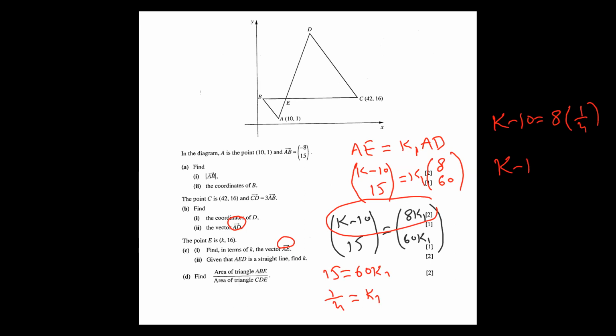So K minus 10 is equal to 2, so K is 12. So this is the value of K. K is 12.